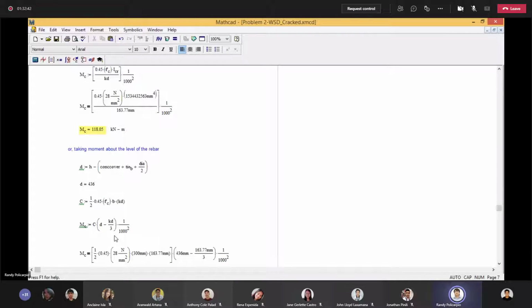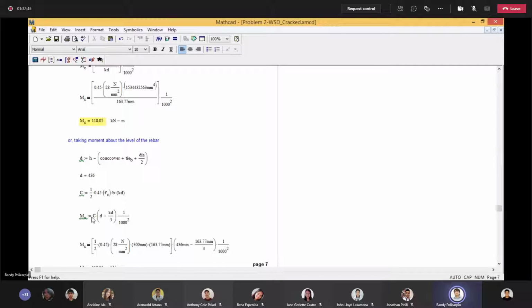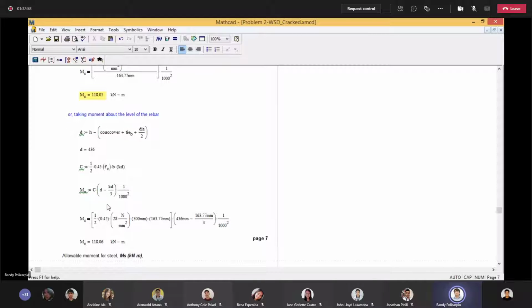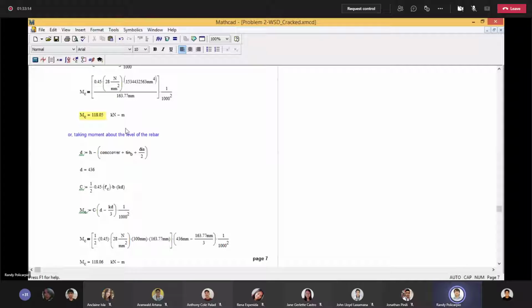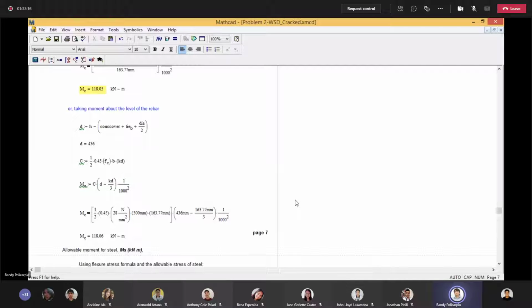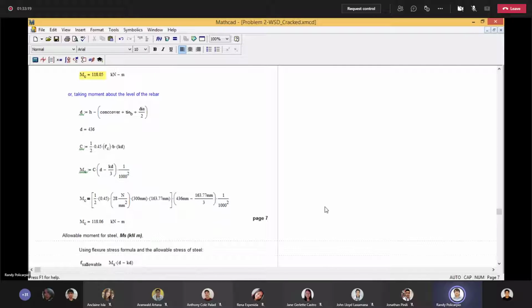Then, yung pinaka moment produced by C, ito yung moment produced by C. So yun ang moment C natin. So substitute mo value ng C, yung value ng D minus KD over 3, and the result is 118.05. So almost the same yung ating MC. Okay? So that is our allowable moment.